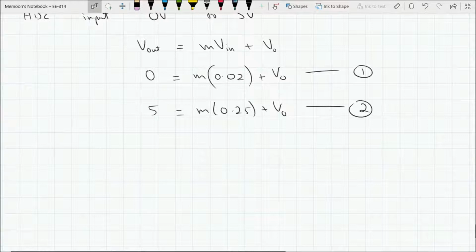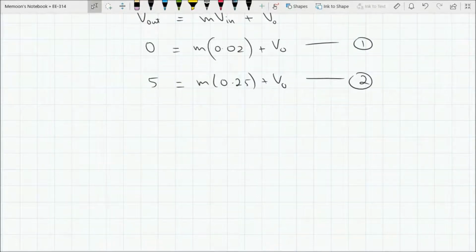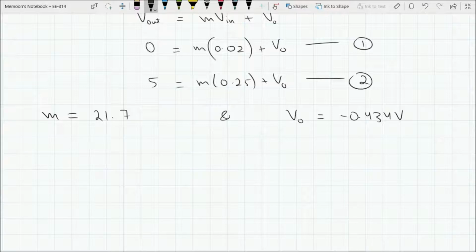Now we have two equations and two unknowns, M and V naught, the offset. Simultaneously solving these two equations, we get M equal to 21.7 and the offset V naught equal to negative 0.434 volts.